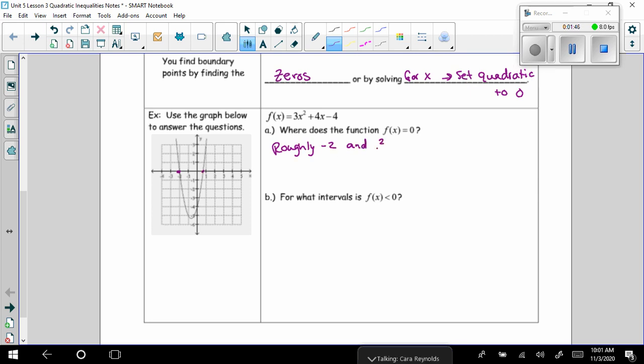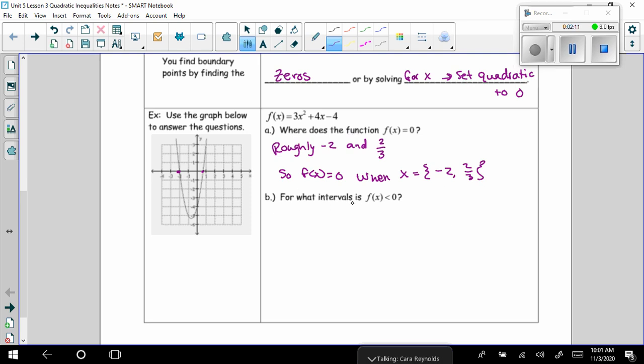And now you guys will actually solve for that, but just for the purposes of this, I want to show you what we're talking about here. So f of x is equal to 0 when x is equal to -2 and 2/3. Okay?